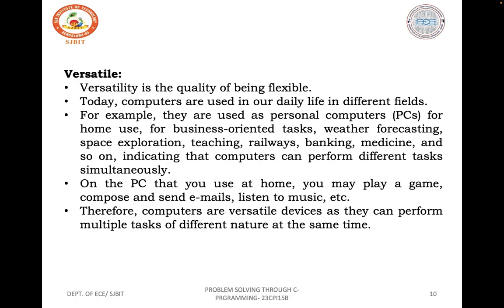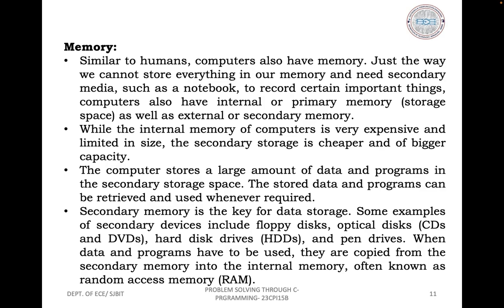Memory. Similar to humans, computers also have memory. Just the way we cannot store everything in our memory and need secondary media, such as a notebook, to record certain important things, computers also have internal or primary memory, as well as external or secondary memory.